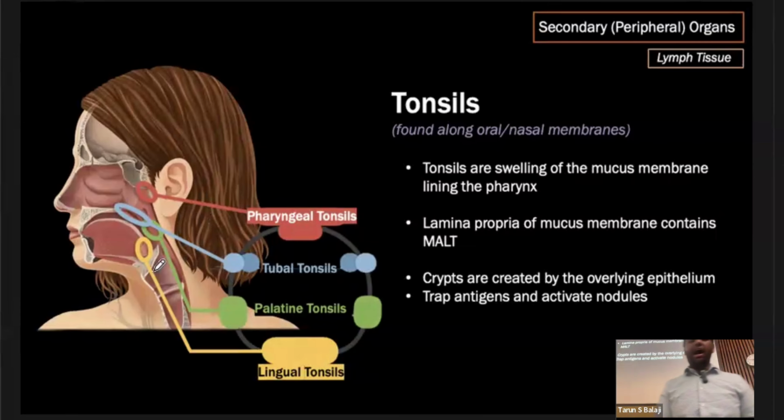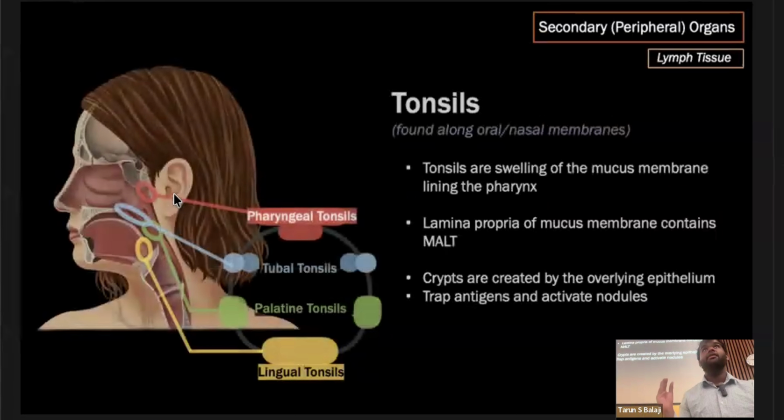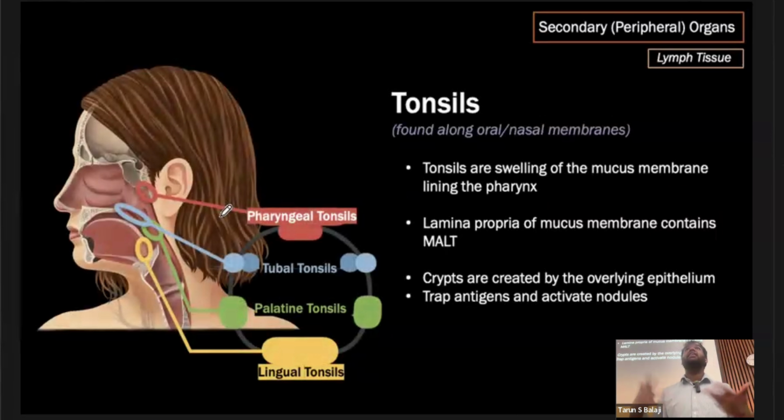It's going to contain these mucous membranes with the lymphatic tissues in them. Now, these are going to do a little invagination, so you're going to see these pits. These pits are called crypts. These are going to trap pathogens and bacteria and activate these nodules. And these tonsils are set up in a way that forms a circle of immunity around your pharynx.